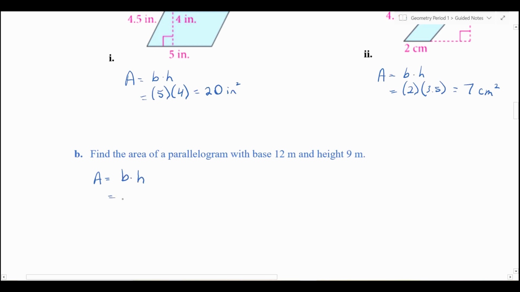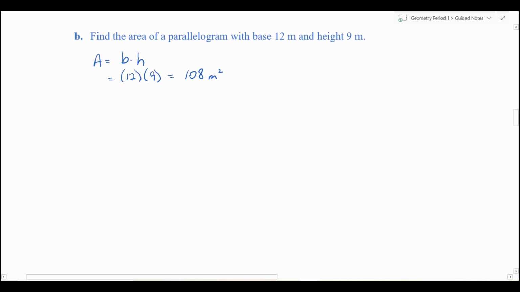So we have our base, which is 12 here, times 9, and 12 times 9 is going to be 108 meters squared, and that is our answer right there. Okay, so that's that for this problem. Let's move on with the rest of the lesson.